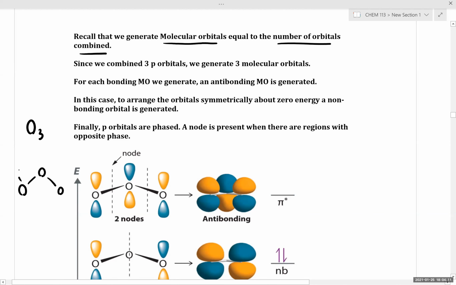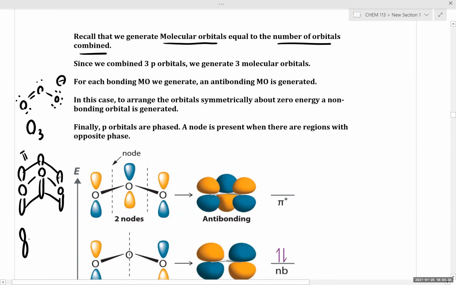So, just reminding ourselves of the structure of ozone, it has a Lewis structure that looks something like this. We can break down ozone and look at our conjugated pi system. We have a pi bond and a p orbital that is conjugated to that pi bond.